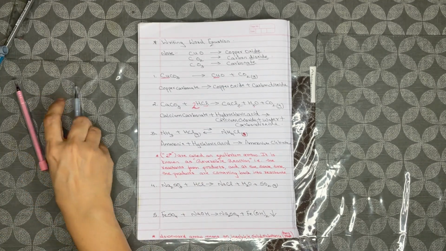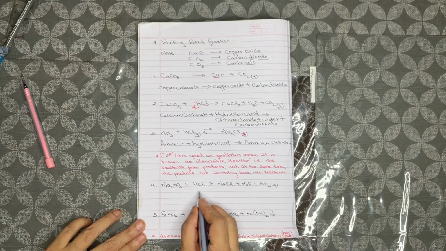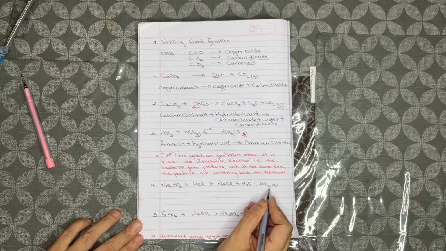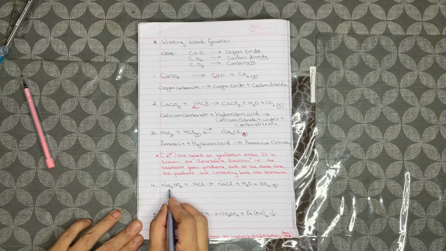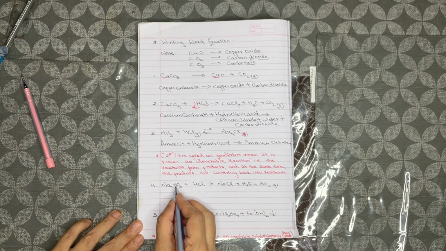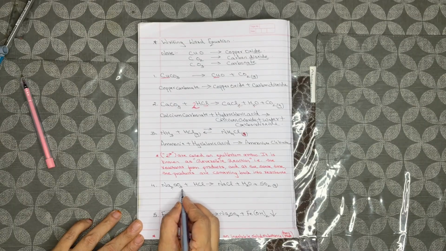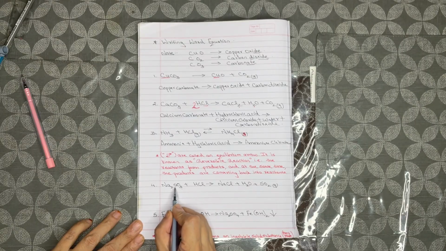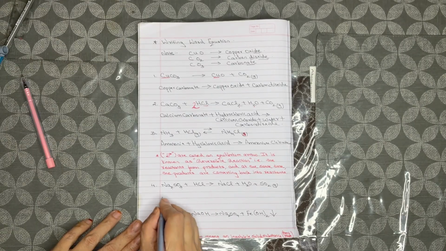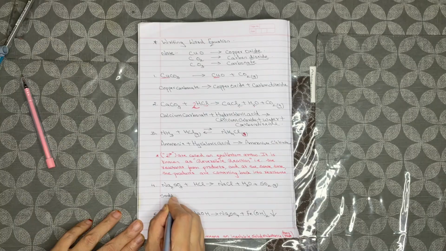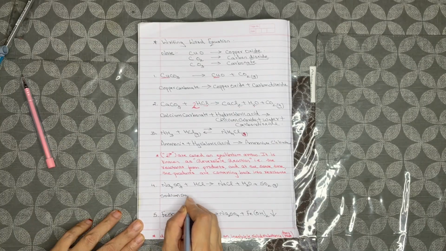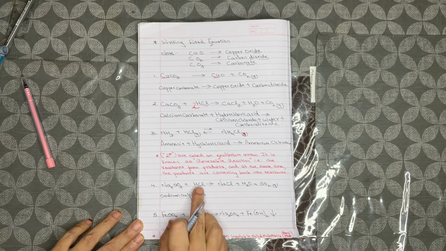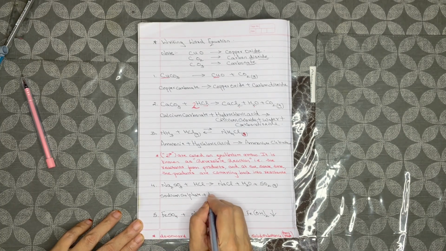Now the next equation given is Na2SO3 plus HCl gives NaCl plus H2O plus SO2. Na means sodium and sulfur with O3 is sulfite, okay. O3 रहता है तो हम ATE ऐड करते हैं ना, बट यहाँ पर O3 जो है वो सल्फर के साथ है, so this is sodium sulfite. Sodium sulfite plus HCl, hydrogen with chlorine gives me hydrochloric acid.